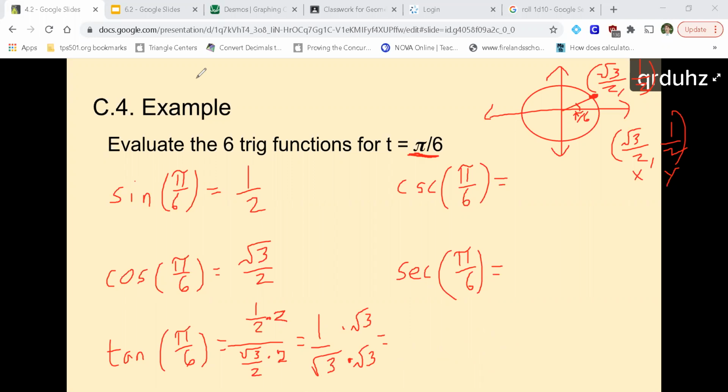And that'll leave you with the final answer of square root of 3 over the square root of 9. But the square root of 9 is just 3. And now your answer doesn't have a radical in the denominator.